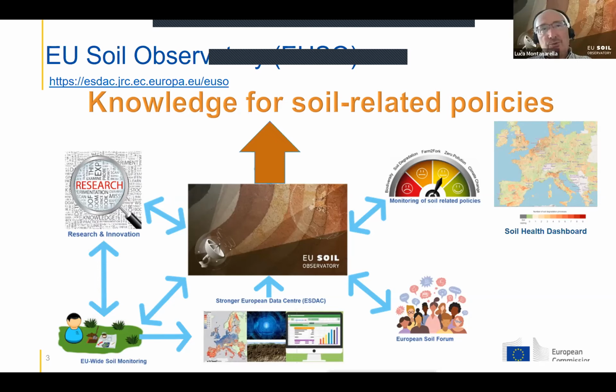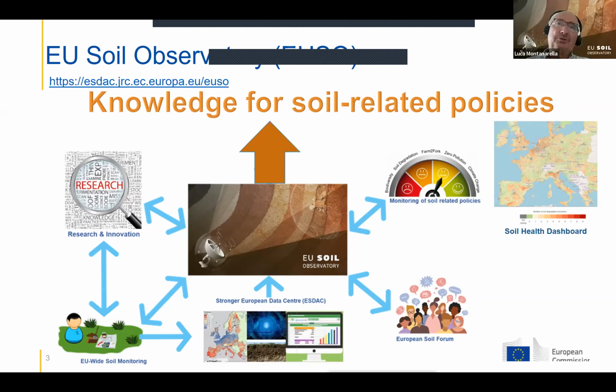The second very important aspect is that the observatory is closely linked with our research and innovation efforts. The Joint Research Center remains a research center, meaning that we still put a lot of effort into collecting data and using data also for finding new research insights into soils across the EU. So research and innovation are closely linked with our effort to collect data and information.